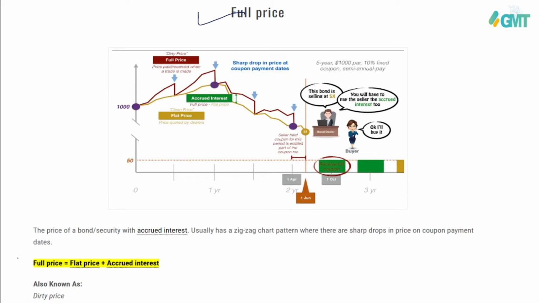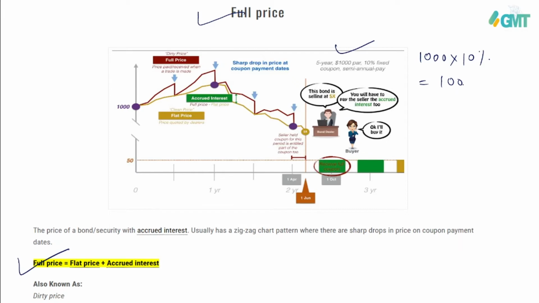Here, flat price of a bond plus accrued interest. Let's say the flat price of a bond is $1000 and 10% is the interest payment. So per year it would be around 100.